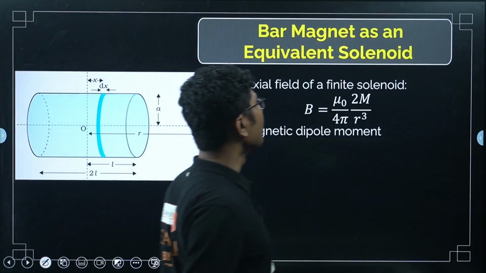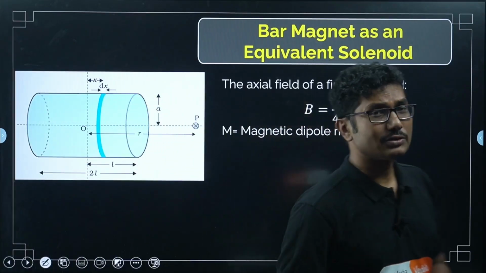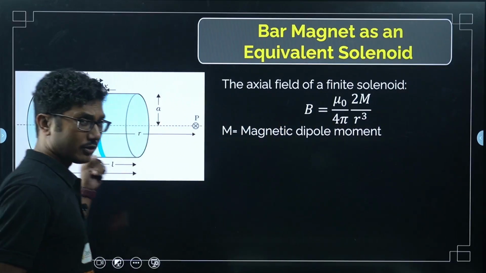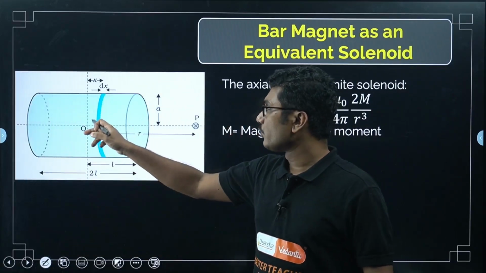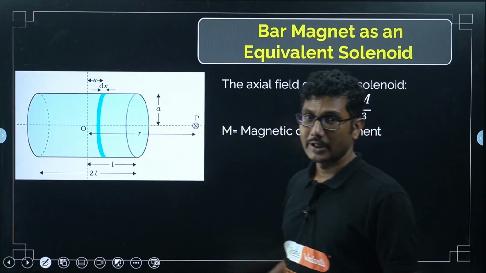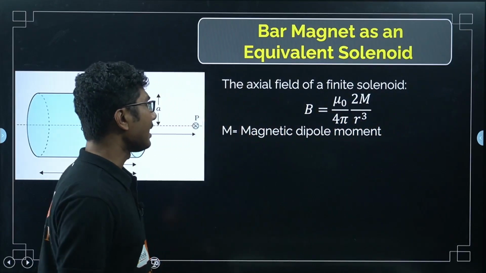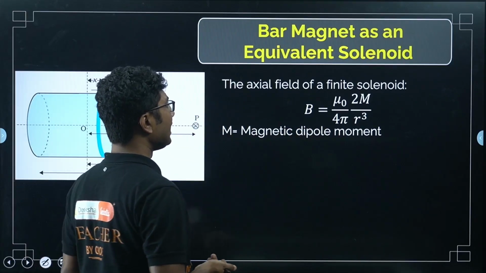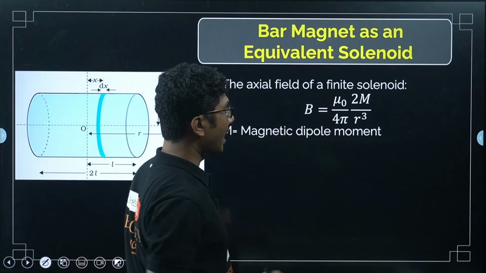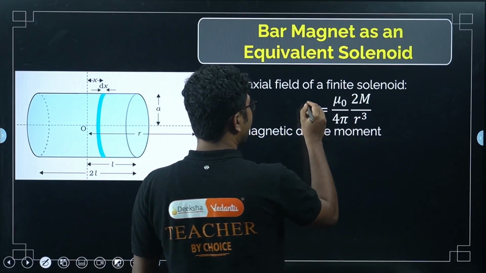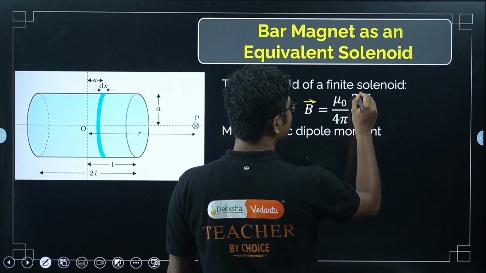Now we are talking about a bar magnet as an equivalent solenoid. Basically we are talking about a solenoid, and we are trying to find the magnetic field at a distance on the axis of the solenoid. The magnetic field due to the solenoid on the axis is given by B equals mu naught by 4 pi times 2m by r cubed, and vectorially you can write it like this.